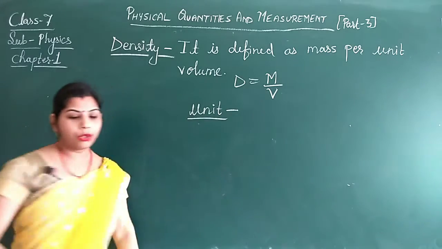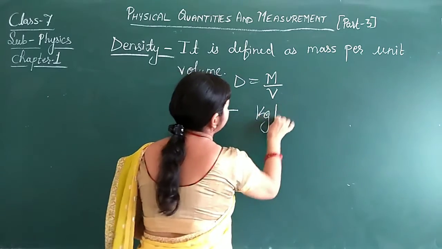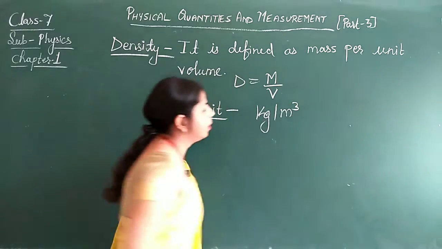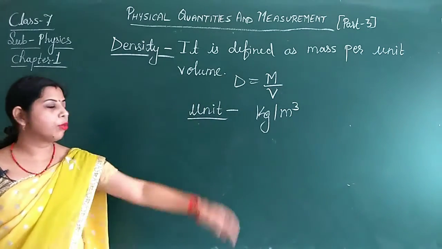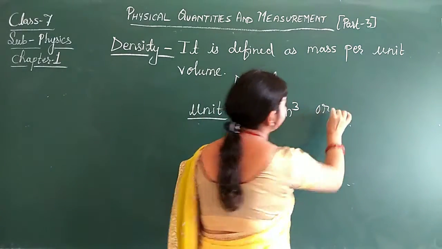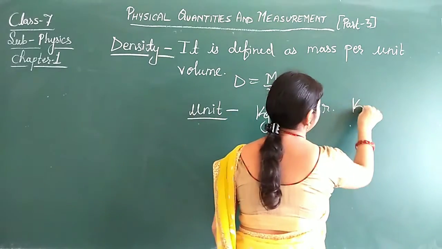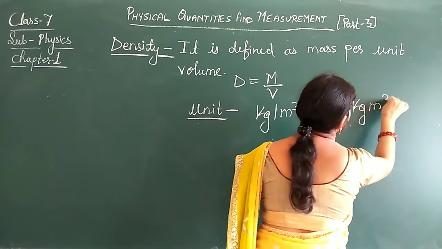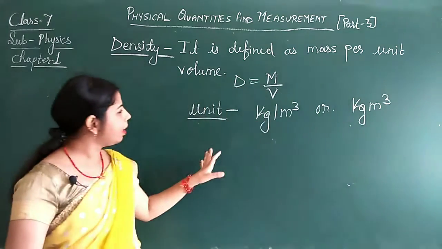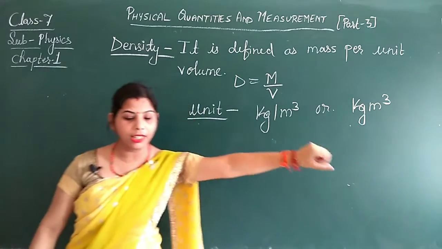The unit of density is kg per cubic meter, and this unit we can also write like this. That means in both ways we can use the unit of density.